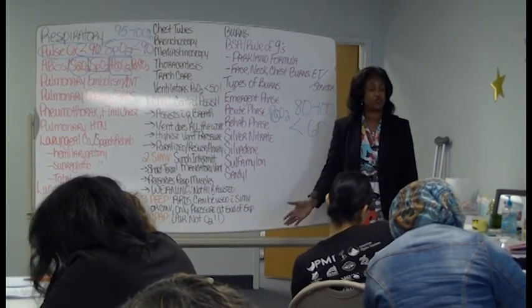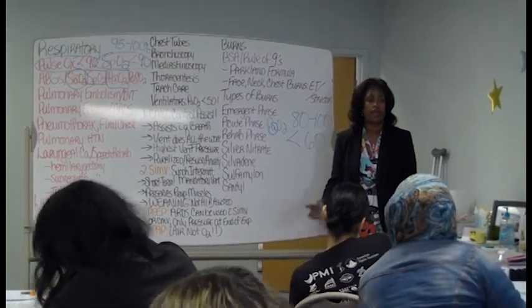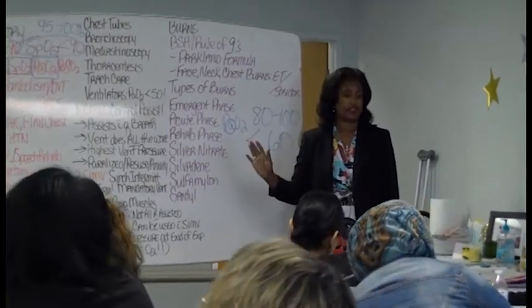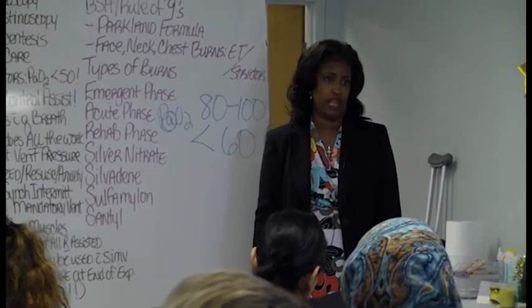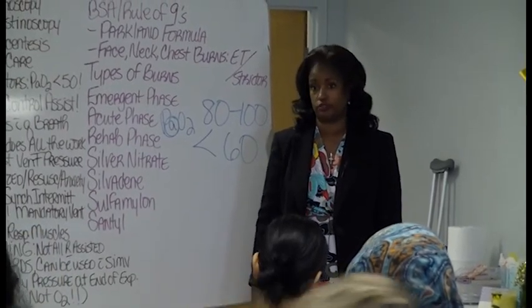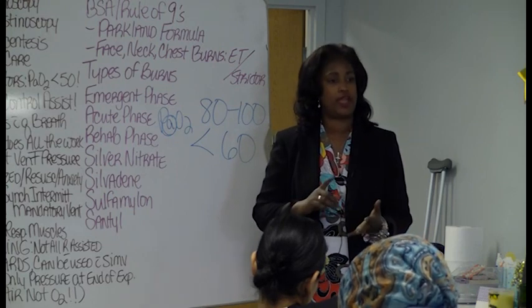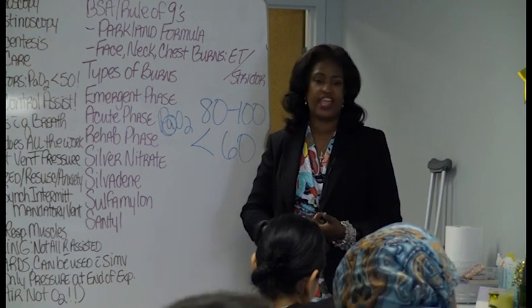So my ICU nurse who came in here and talked to the class, she said, Shelly, they had a patient with restlessness, agitation, confusion, all of that going on, and they gave him Ativan. He was having a stroke. You have to act fast when patients are confused, agitated, restless, anxious.